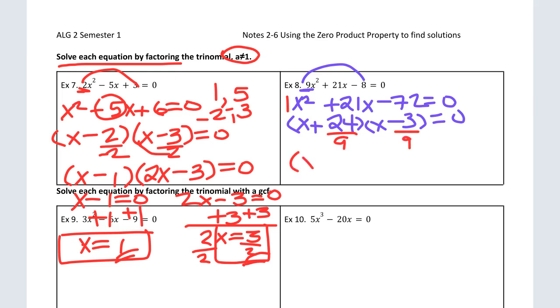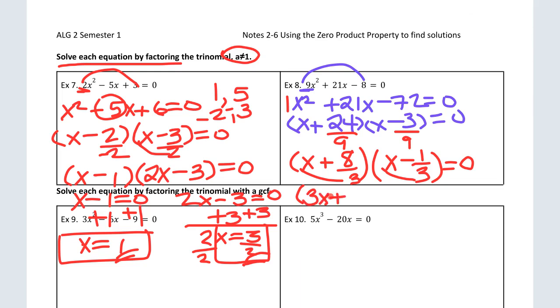Then simplify, and we obtain this. Divide by 3 is 8/3. And divide by 3 is 1/3. Complete the process by bringing the bottoms up: 3x plus 8 and 3x minus 1.